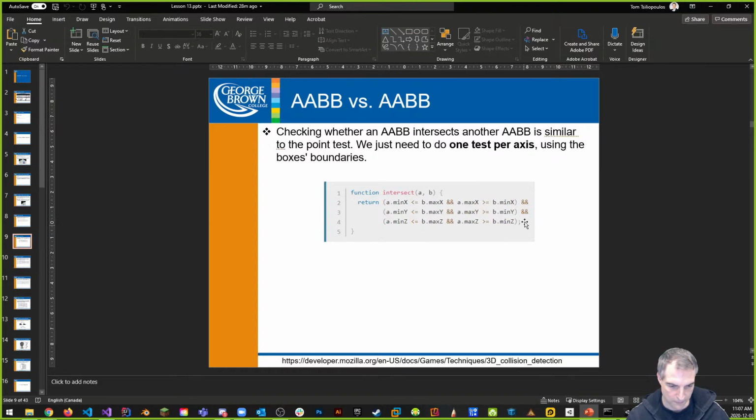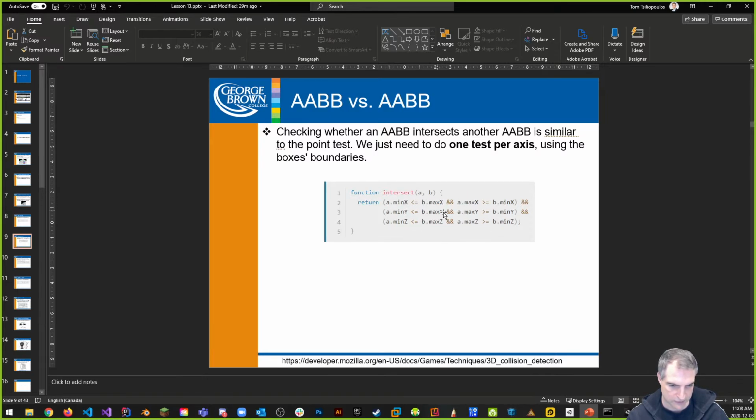Notice that even though there's an A, we have A and B, we want to have two boxes, A and B. Both only have two extents, a min and a max. Okay, so this is kind of something that we have to look at, right? And also notice that you can break min and max down.